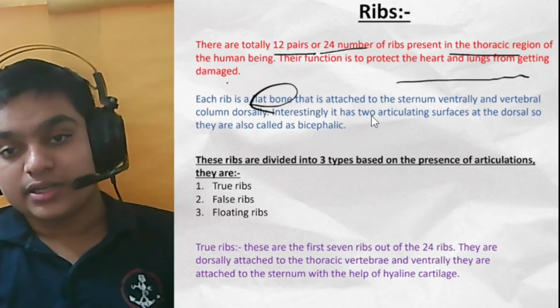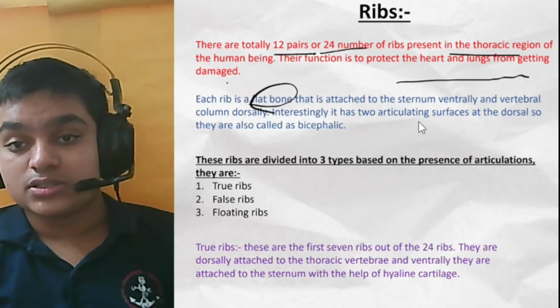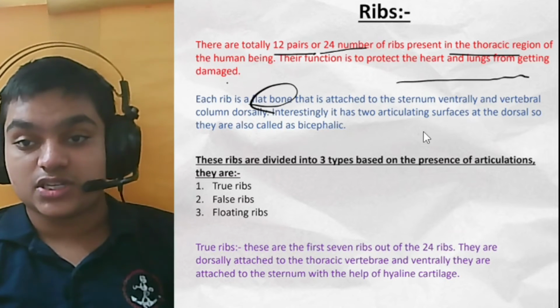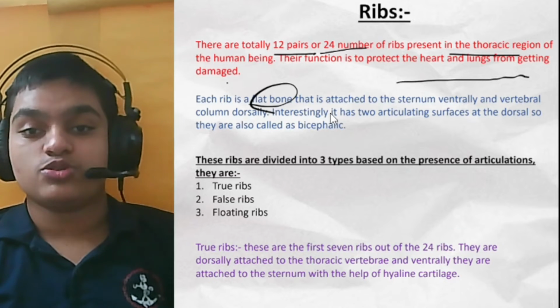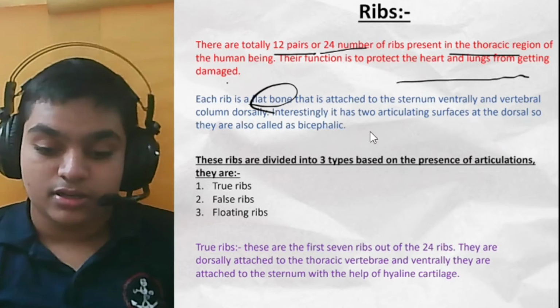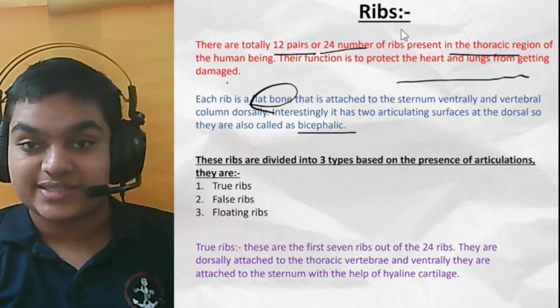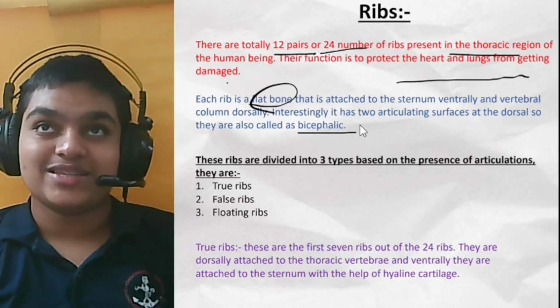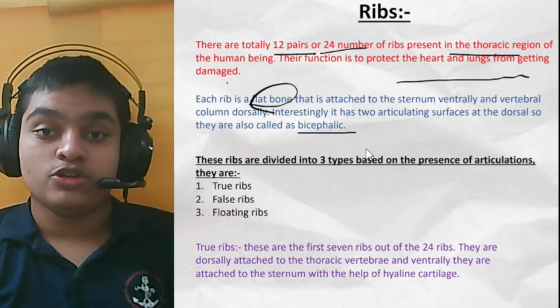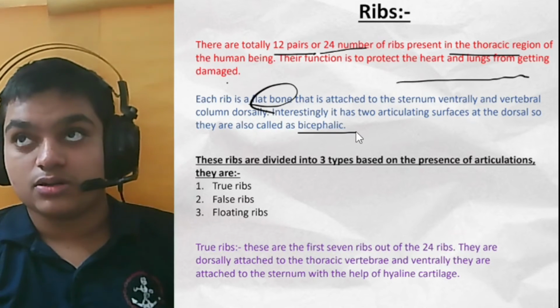Interestingly, it has two articulating surfaces at the dorsal end, so they are also called bicephalic. They can ask you in your examination why human ribs are called bicephalic, or they can also ask another one, why the human skull is called as you can say that.